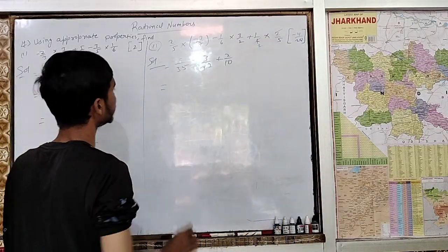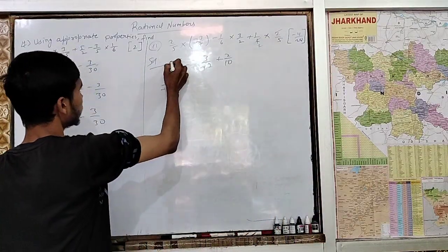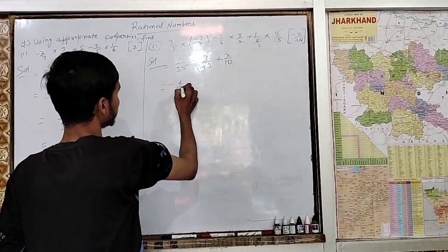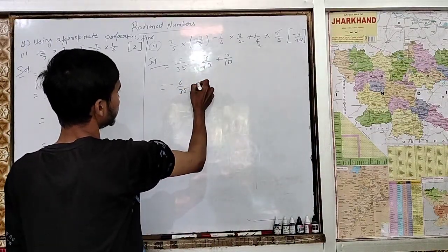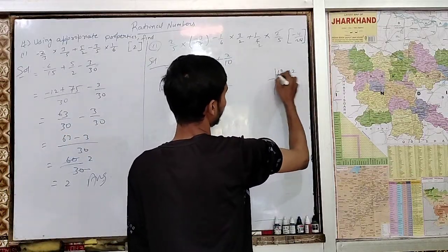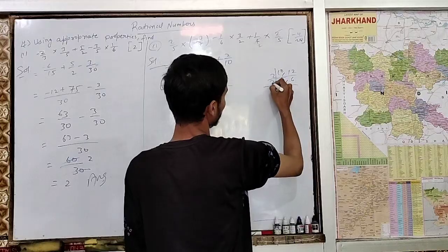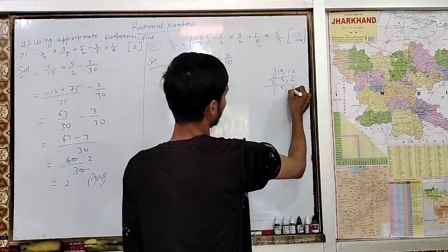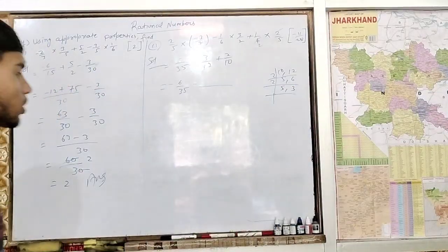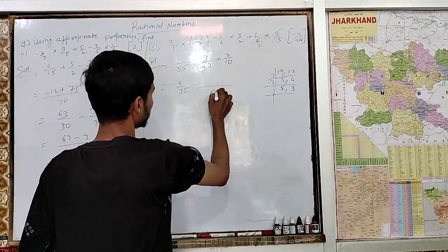Look at over here. First of all, addition. So it will give us 7 12. 2 5s are, then 2 6s are, 2 3s are. 2 to the 4, 4 5s are 20, 2 3s are 60.